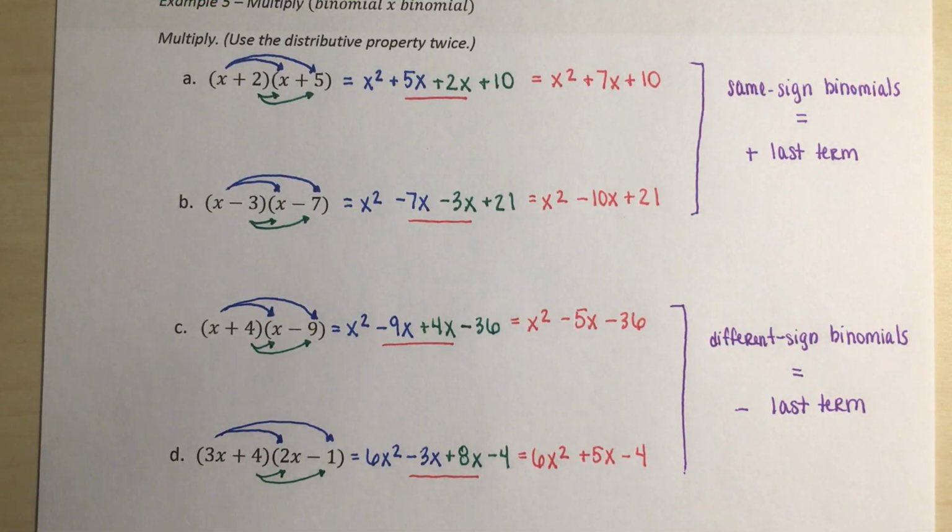Again, for right now, just pointing out some information that will hopefully be more useful in the future. Again, as we're multiplying our binomials, we're distributing that first binomial to that second binomial, and so we're using our distributive property twice.